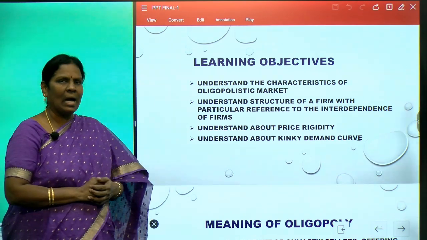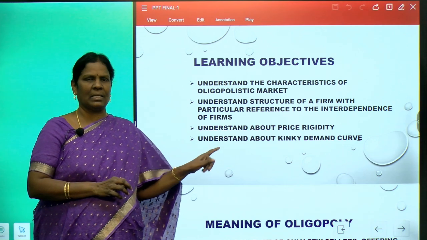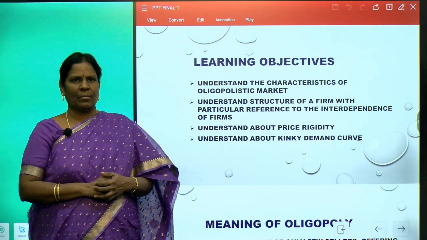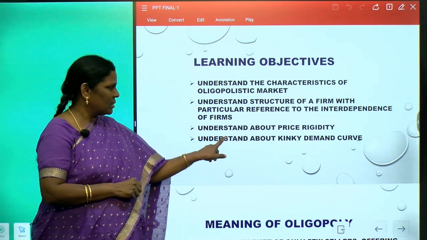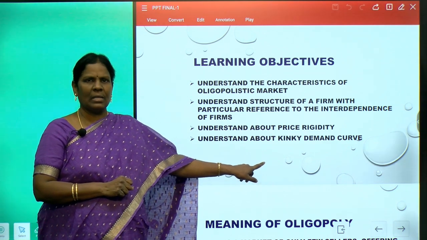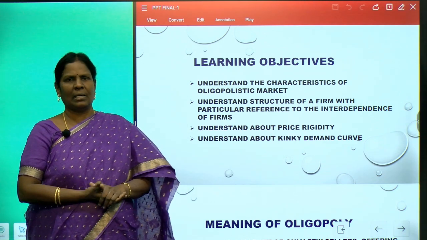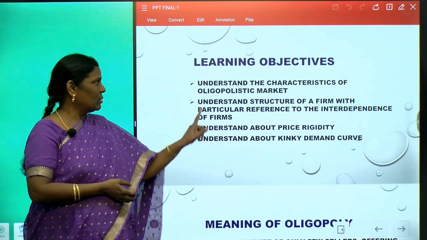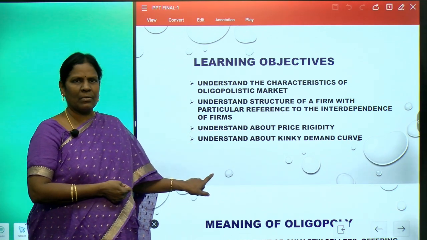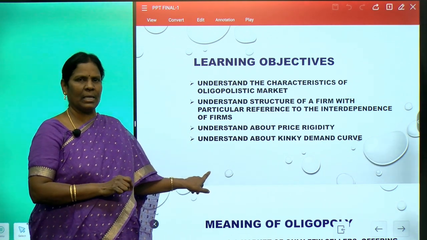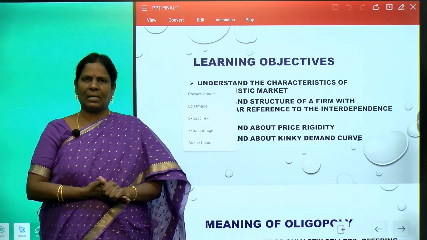And thoroughly understand price rigidity. This is very important, because basing on price rigidity only we can derive the kinky demand curve. So these are the learning objectives of our learning concept today.